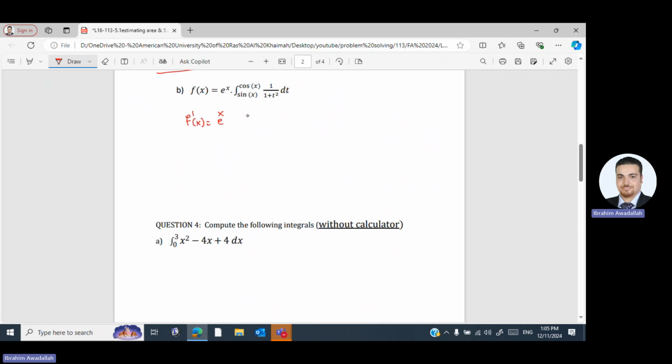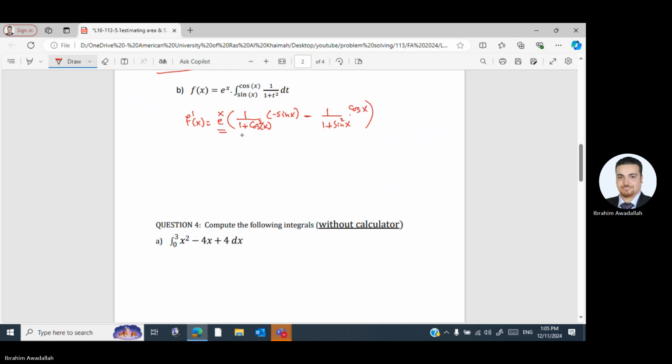Derivative of this one: 1 divided by 1 plus cosine x squared, times the derivative of cosine. What's the derivative of cosine? Minus sine x, negative. We're still finding the derivative of this: 1 divided by 1 plus sine squared x, times the derivative of sine, which is cosine.